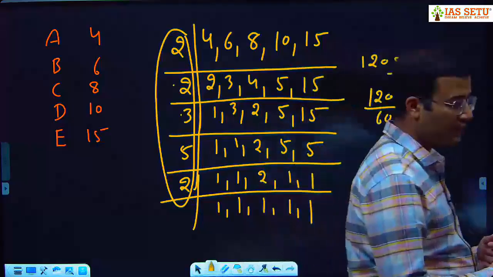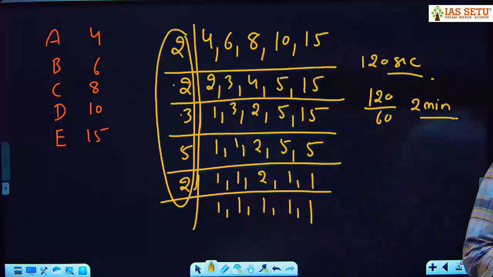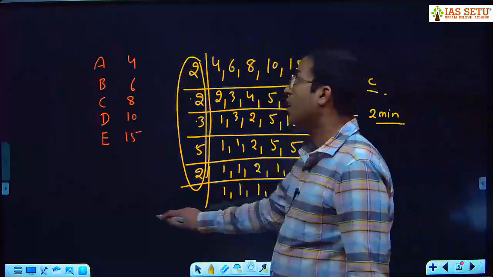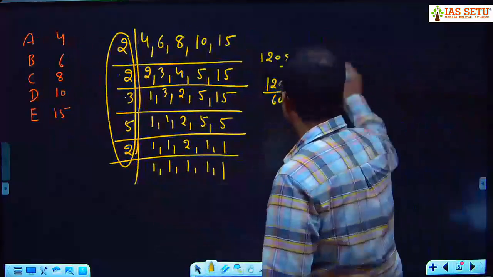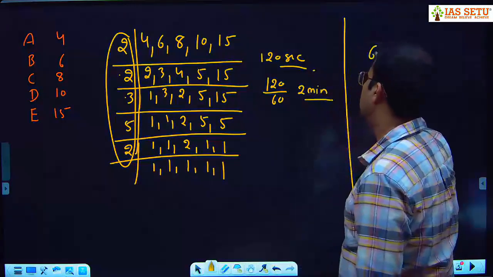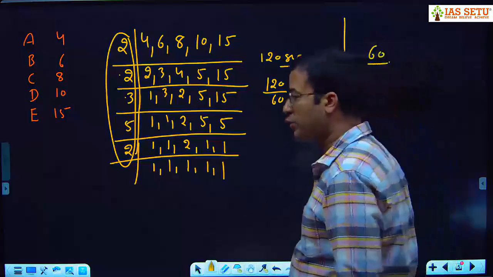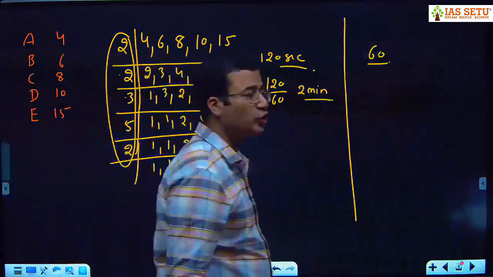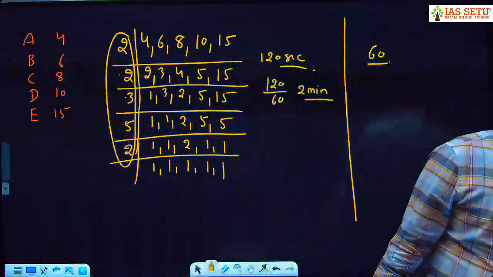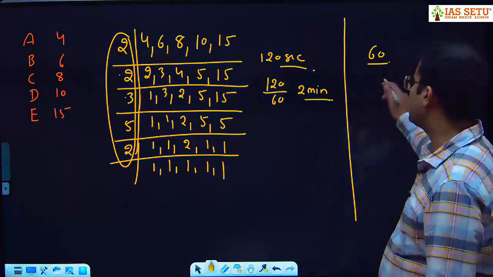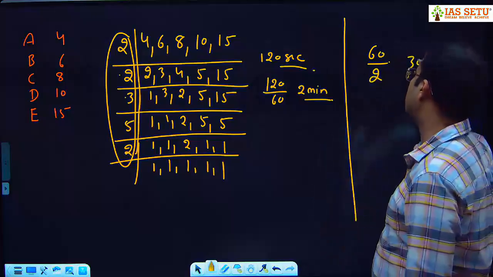Then it is asked in 60 minutes. If you eat a chocolate every 2 minutes, then in 60 minutes, how many chocolates will you eat? So every 2 minutes these bells toll together. So in 60 minutes, how many times? 30 times.